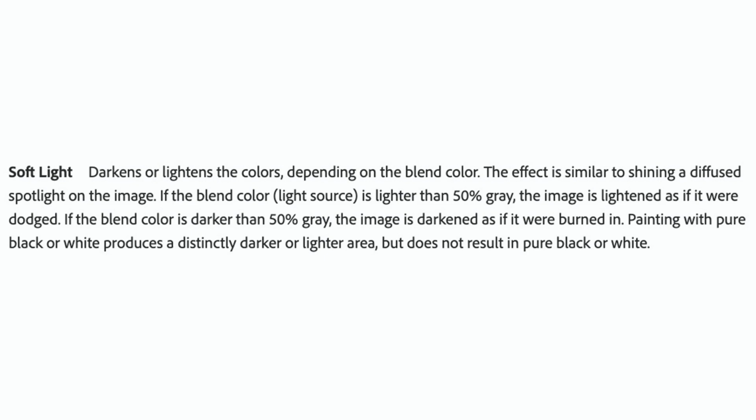If the blend color, aka the light source, is lighter than 50% gray, the image is lightened, as if it were dodged. If the blend color is darker than 50% gray, it is darkened, as if it were burned in. Painting with pure black or pure white produces a distinctly darker or lighter area, but doesn't make it pure black or pure white. And that's the opposite of what we're seeing here.